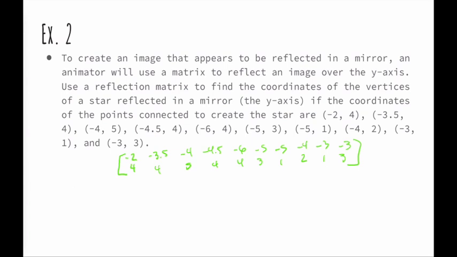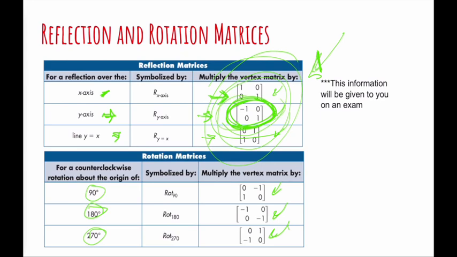Now, in order to reflect this over the y-axis, we're going to need to multiply by this reflection matrix. So -1, 0, 0, 1.